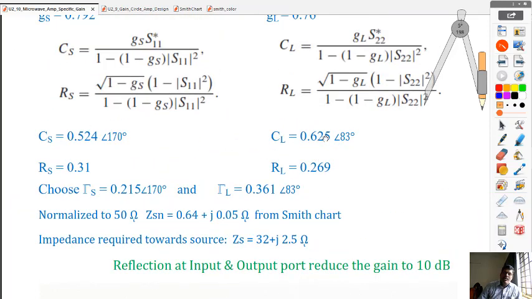You multiply this number 0.625 by 8.5 centimeter, then you will be getting the radius in centimeter, the center of the constant gain circle in centimeter. Similarly, you transform the RL value of 0.269 by multiplying with 8.5 centimeter, which transforms this numerical number into the radius in centimeter scale.